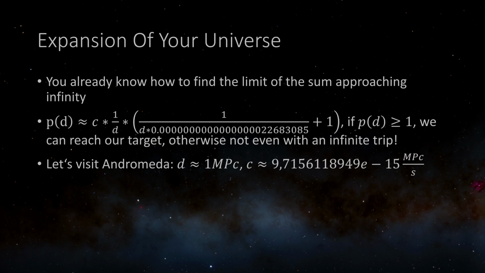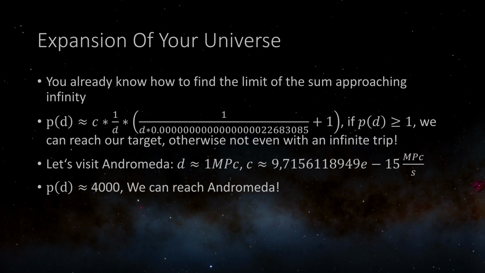It's so small, there's so much error in it, and it basically has no point to do anything accurate here. And the final thing we have to do is write c, the light speed, in megaparsecs, so that all the units cancel out equally. So c is around 9.71 times 10 to the minus 15 megaparsecs per second. So in megaparsecs the light speed is actually quite small.